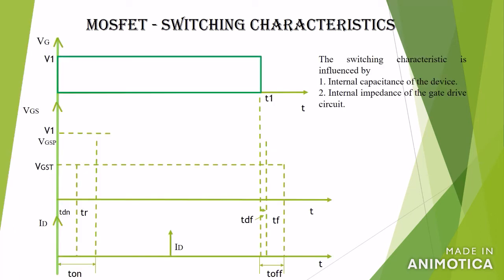Now we'll see the waveforms. Here VG is the gate voltage applied to turn on the device. This is the voltage applied across the gate and source terminal. Once this gate voltage is applied, as we've discussed earlier, the capacitance will start charging. It will start charging from 0 and reach the threshold value.